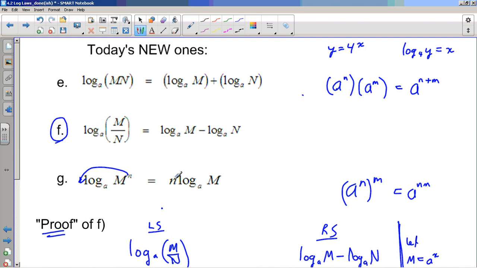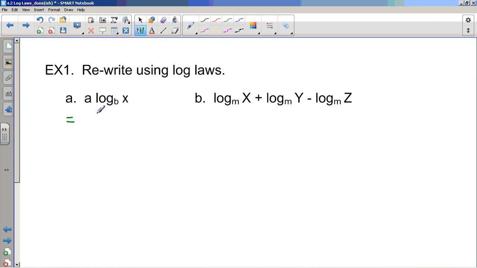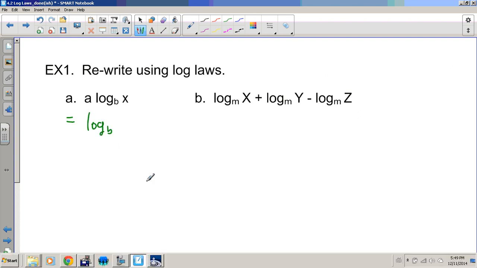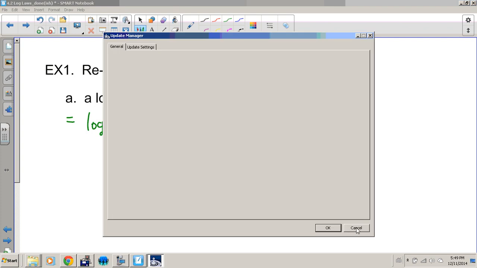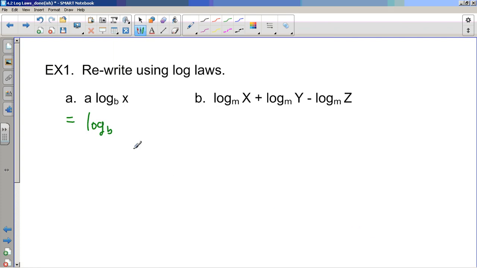Well, what can I do if something's out front? I can actually put it up in the exponent. So if I just want to change the form, just rewrite. What's this doing? Go away. No, no, go away. Okay, good. Then it can be written up there, x to the exponent a. Just change the form.